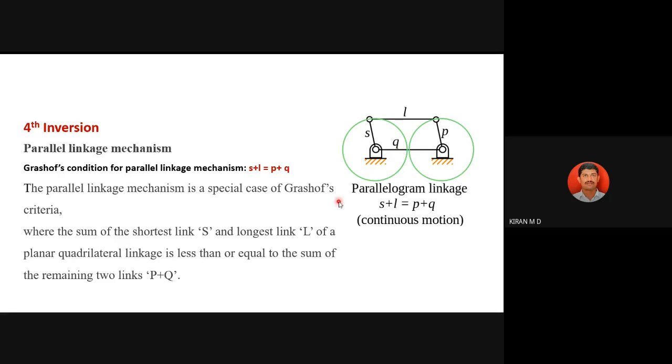That means opposite links are equal. This one we call the parallelogram linkage.